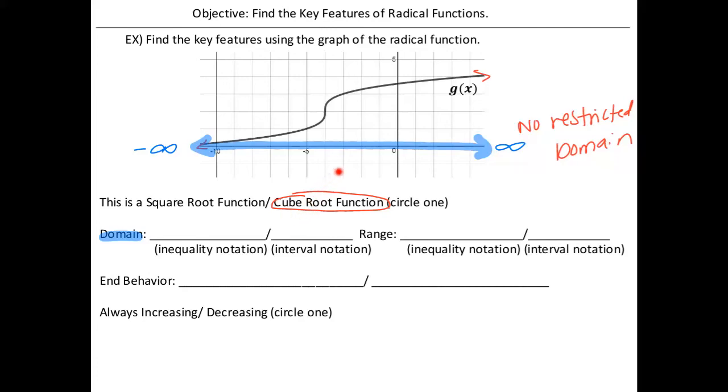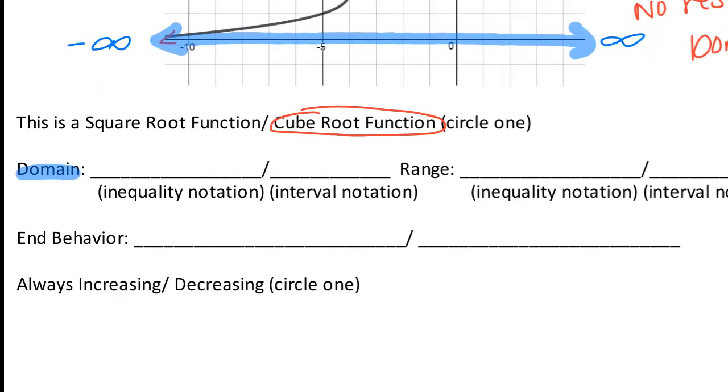So then when I write the domain in, I'm going to say going from negative infinity less than x less than positive infinity. That means it's all of the x values between negative infinity and positive infinity. That's all real values.